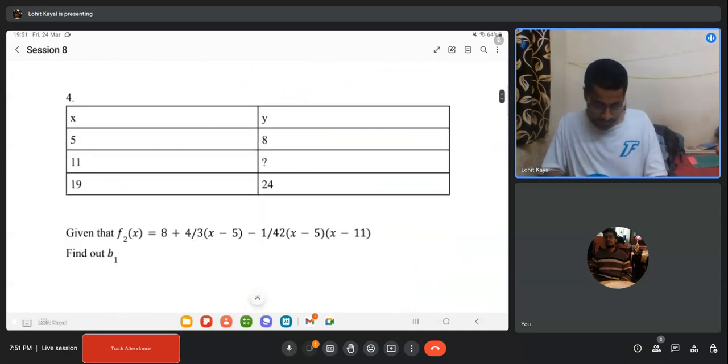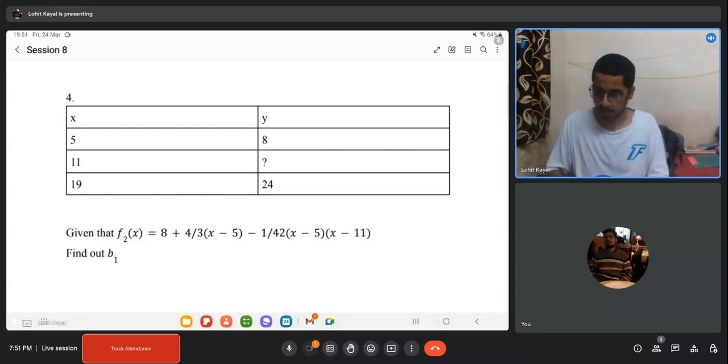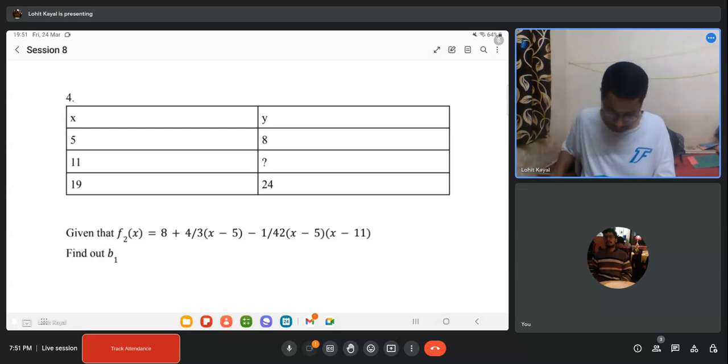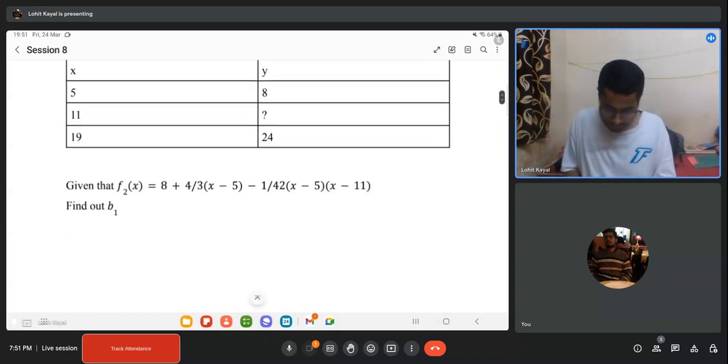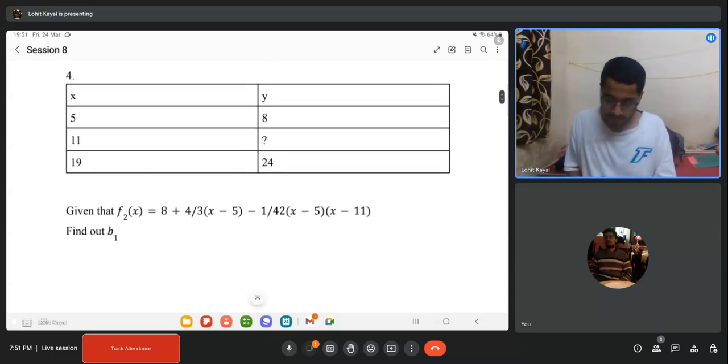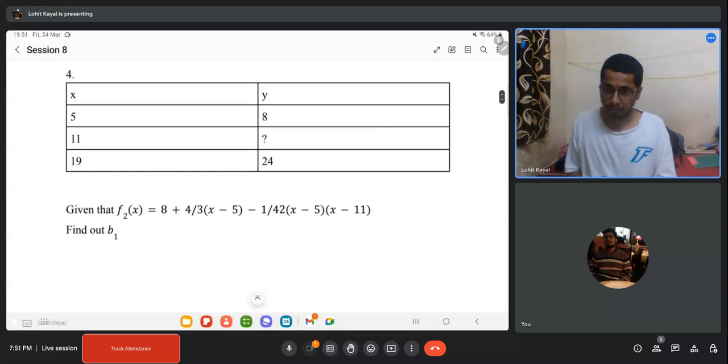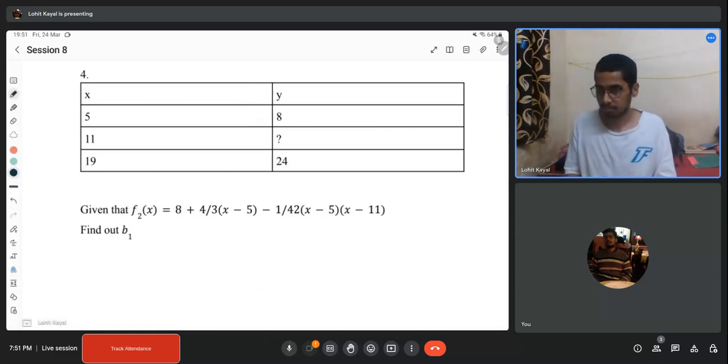So now, this is again an exercise on the divided difference table. The basic thing is that from the table, from the expression itself, you can very easily say what is your b0, b1, b2.